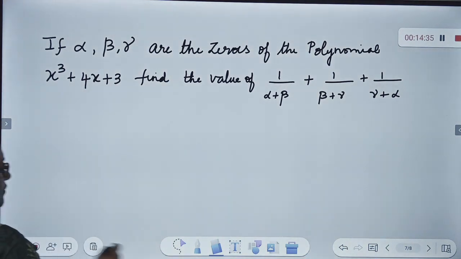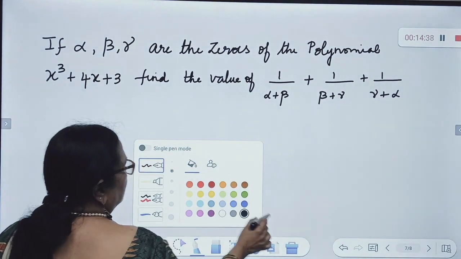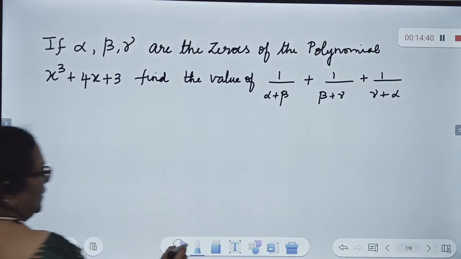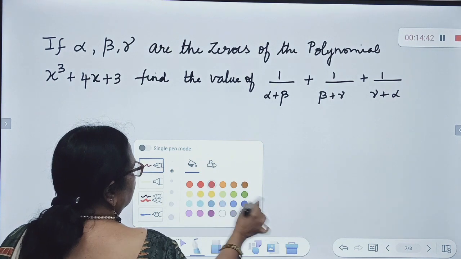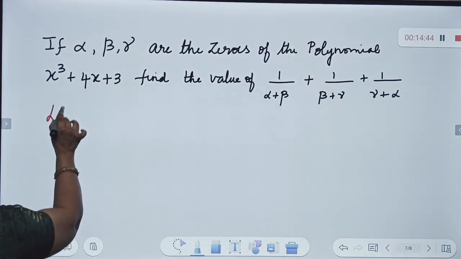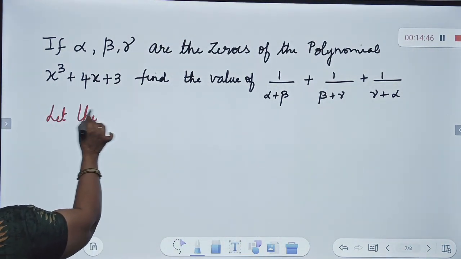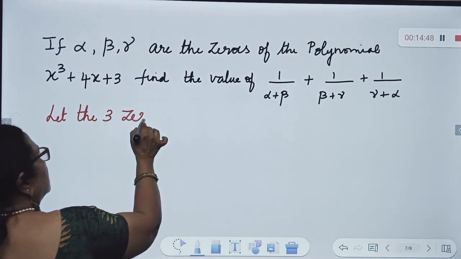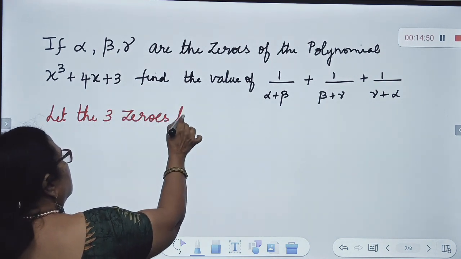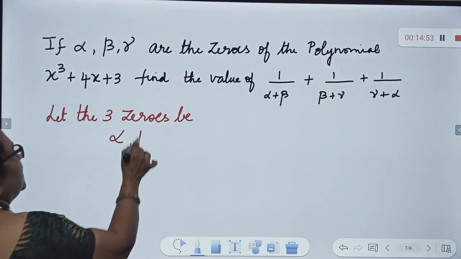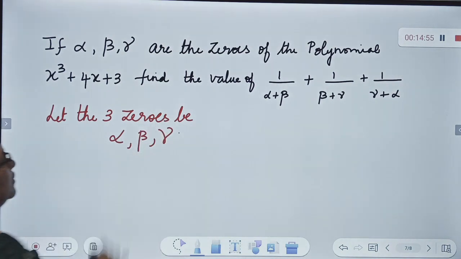So let the 3 roots be, roots are zeros, let the 3 zeros be alpha, beta and gamma.